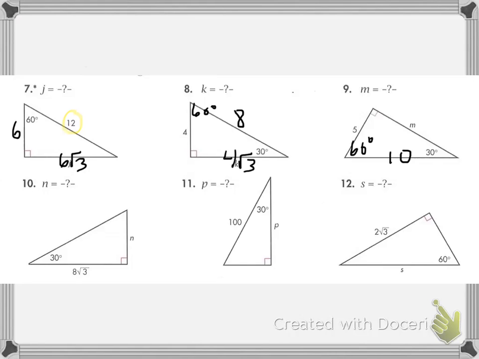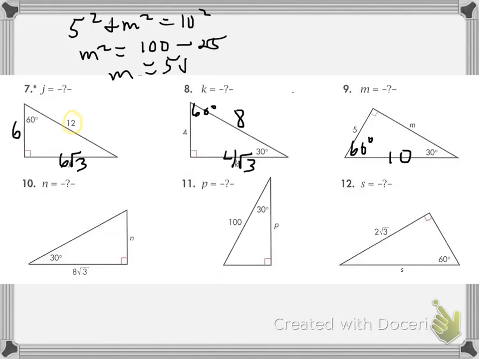So we're going to get 5 squared plus m squared equals 10 squared. So we end up getting m squared equals 100 minus 25. So m, after all the work, equals 5 root 3.